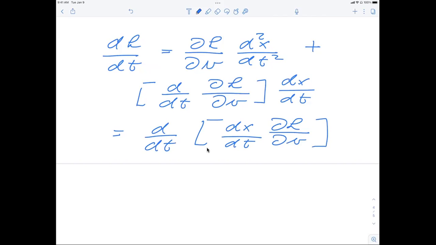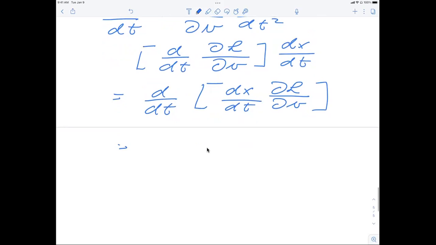These are just manipulations with derivatives, where I wanted to introduce the velocities and the positions because we know that these quantities depend on time. This quantity is again nothing but d/dt, where x-dot is equal to the velocity, times ∂L/∂v.